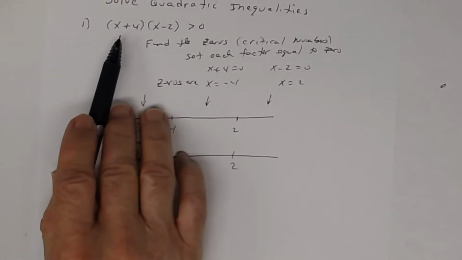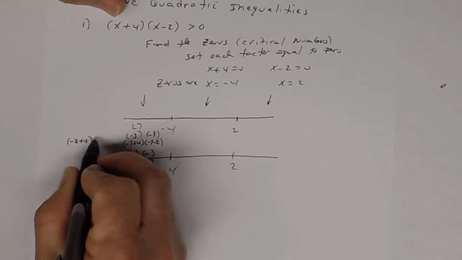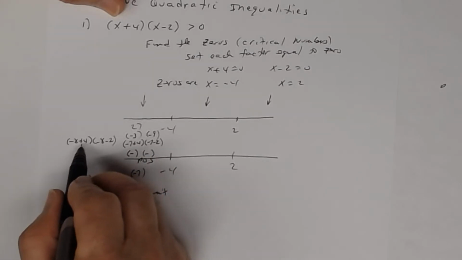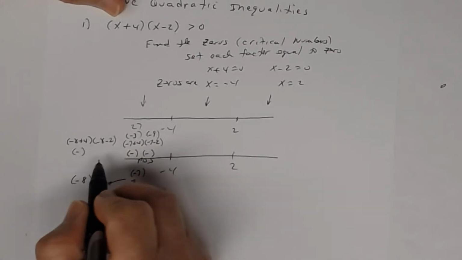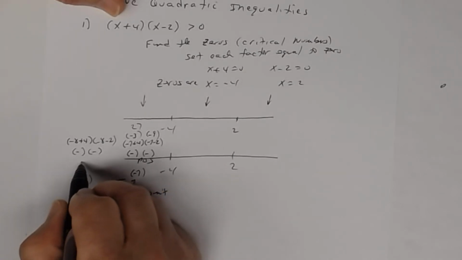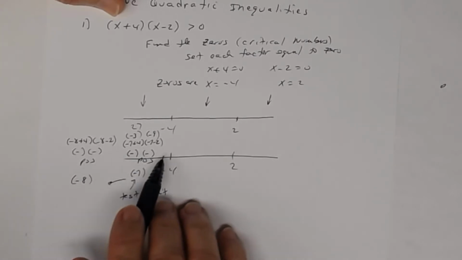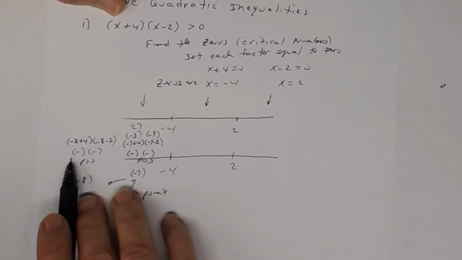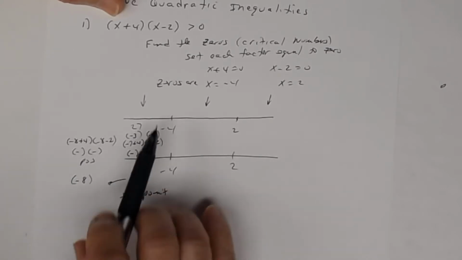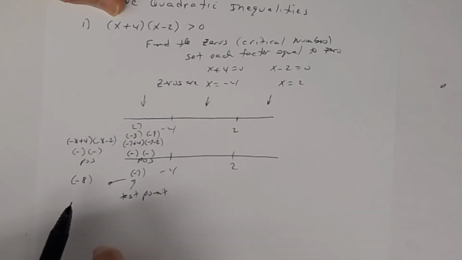Negative 8 plus 4 times negative 8 minus 2. Negative 8 plus 4 is negative 4. Negative 8 minus 2 is a negative 10. A negative times a negative is a positive. So you see, it does not matter what test point you use between negative infinity and this 0. All those values, when you substitute, this product will always be positive.